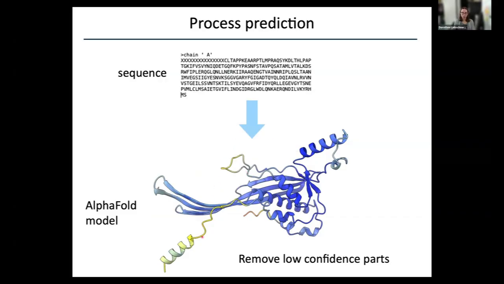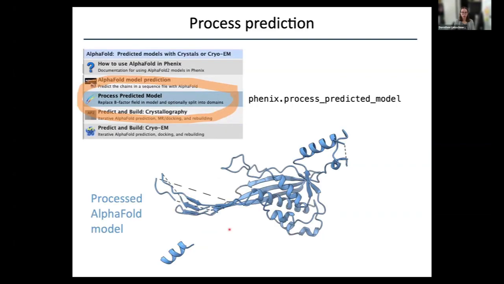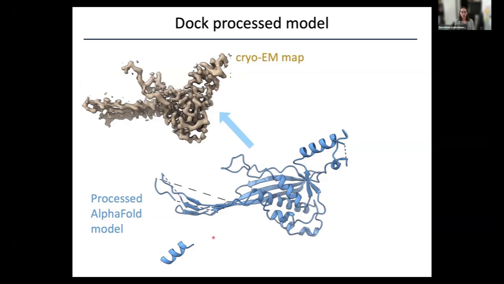If we get rid of some of these yellow regions, we end up with this model here. Where we have these lines, these are the gaps. So here we have this little helix flying around in space. Probably we don't want to use that downstream because this is typically too small to be used in these docking programs. So now here's the map, here's the model, and now we want to dock.